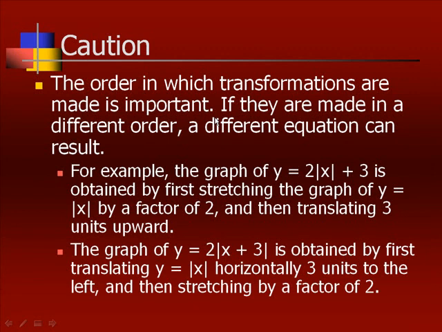The graph of y equals 2 times the absolute value of (x plus 3) is obtained by first translating the graph horizontally 3 units and then stretching by a factor of 2.